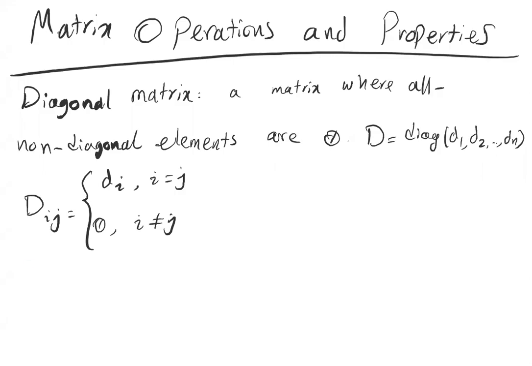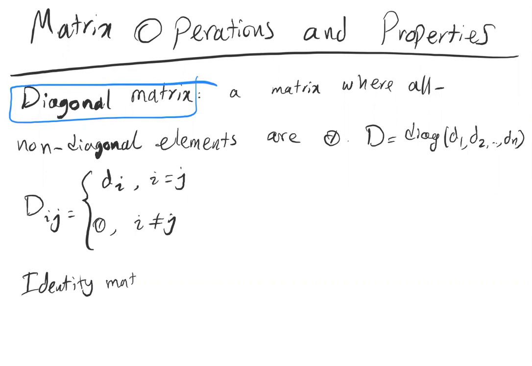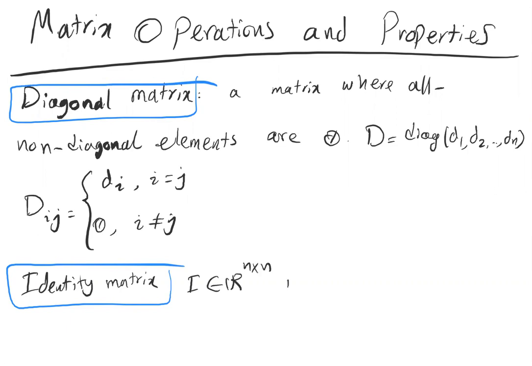So a specific case or example of diagonal matrices is the identity matrix. The identity matrix, which is represented by I, in R^(n×n), is a square matrix.